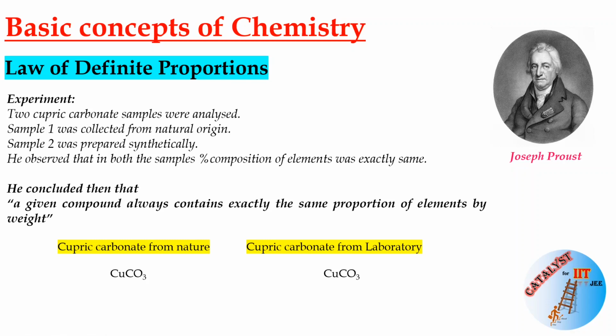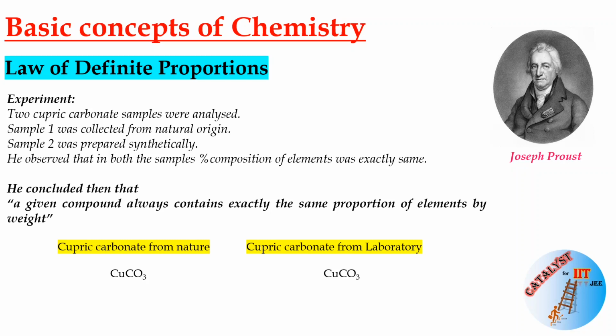You get cupric carbonate in many forms naturally from nature, and he collected that cupric carbonate sample. Now sample 2 was prepared synthetically. He went to the lab and synthesized cupric carbonate. Now in both cases we are calling it cupric carbonate, but the origin of those two cupric carbonate samples is different.